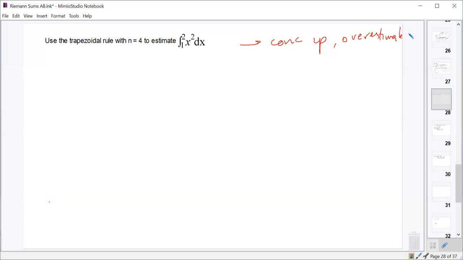So first off, n equals 4 means 4 subintervals. Good or no? What's b minus a over n? What's h equal to? 2 minus 1 over 4.